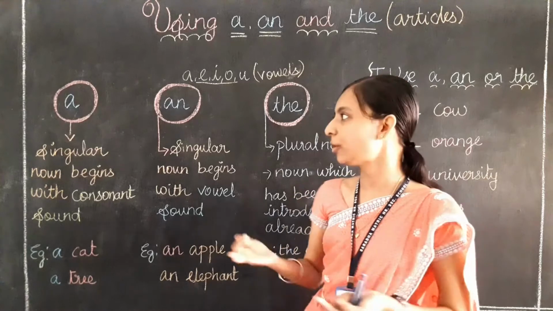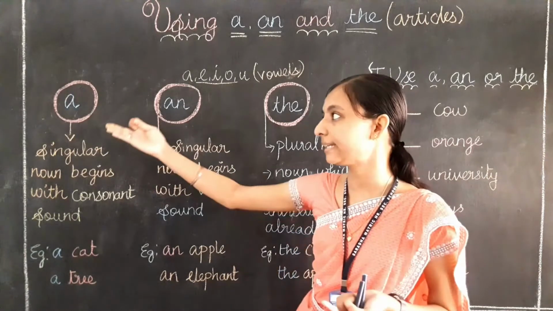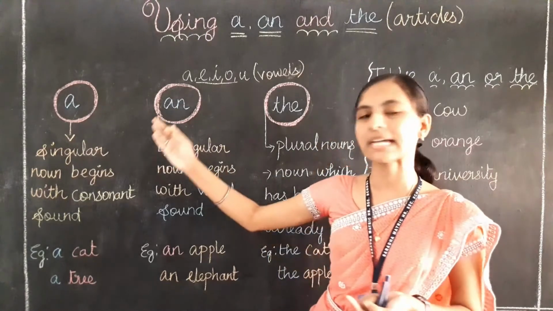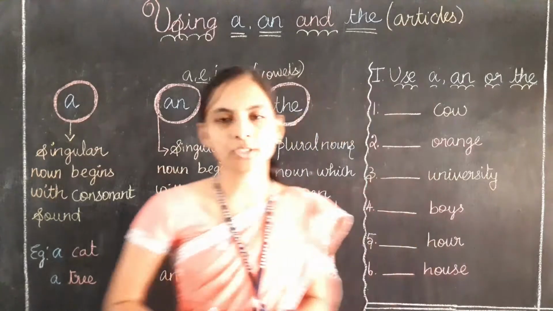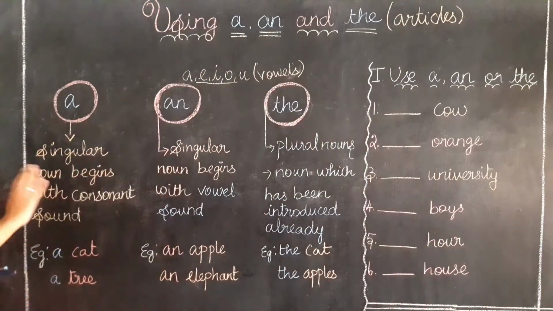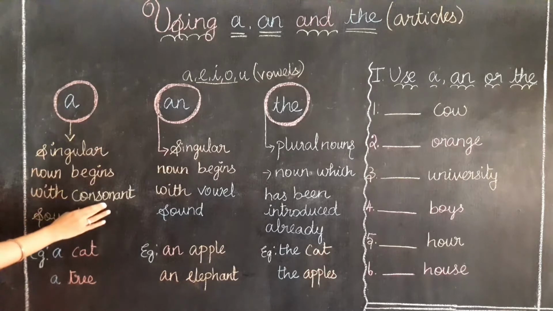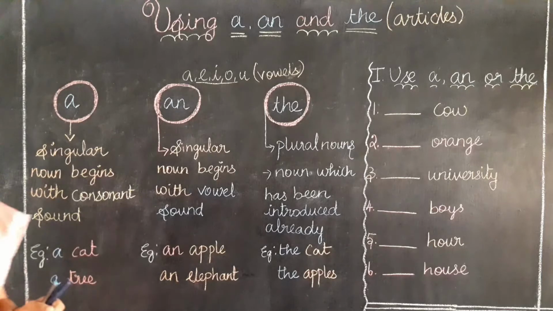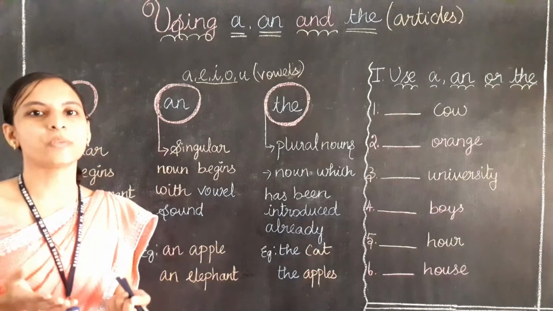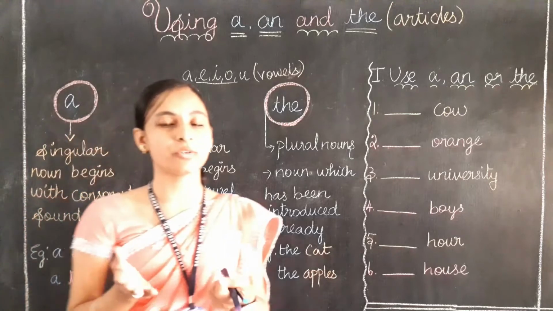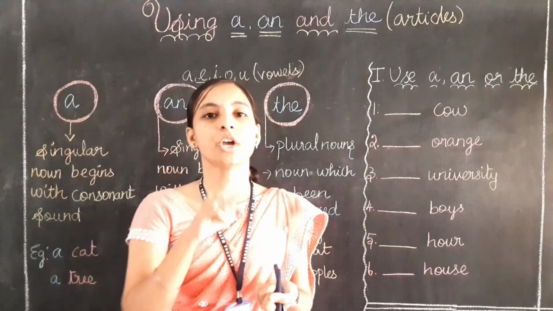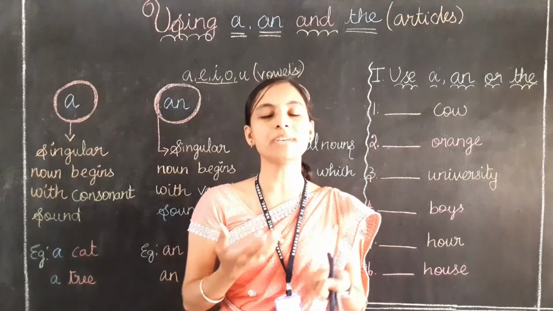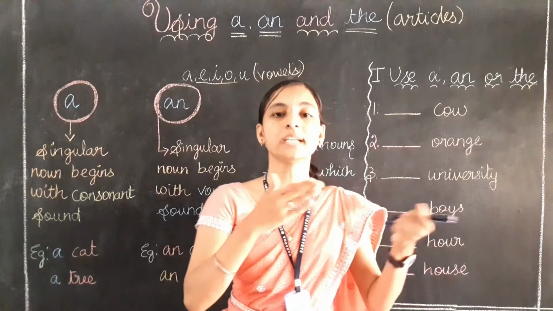So let's learn where to use article A, article an and article the. Let's learn one by one. We'll start with article A. The word A can be used before a singular noun which begins with a consonant sound. There are 26 alphabets in English, of which 21 letters are consonants, but remember, the words must begin with a consonant sound, not just consonant letters.